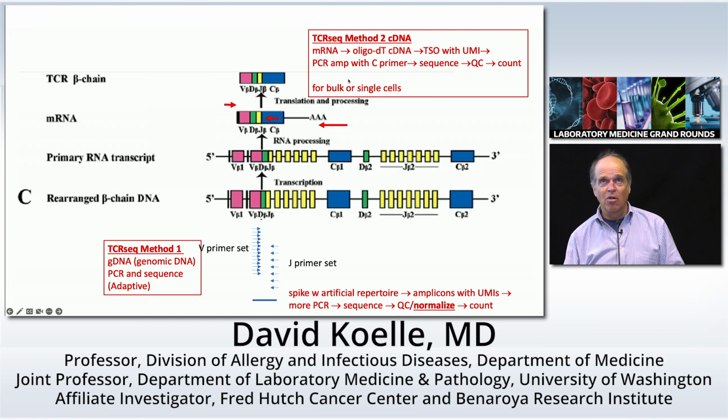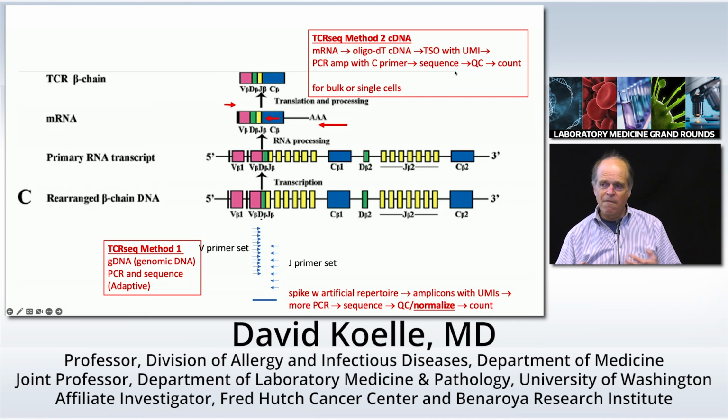Much more affordable and either home brew or kit driven is to do cDNA based methods, where your sample is turned into mRNA and then some oligo-dT priming. There's a template switching oligo with a UMI, so now we've got each cDNA molecule labeled with a unique molecular identifier. These are sequenced, and then you can count the number of sequences with each UMI.